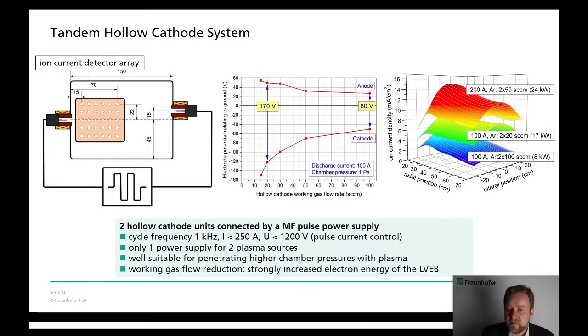On the right side, we see the ion current density, again shown over the axial and lateral position. And we see that with decreasing the hollow-cathode gas flow rate, the ion current density goes up, and we can reach values up to 10-15 milliamps per square centimeter.